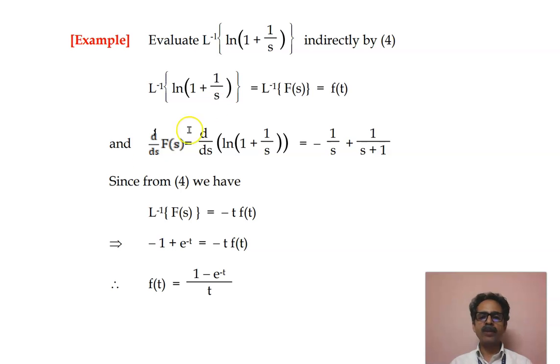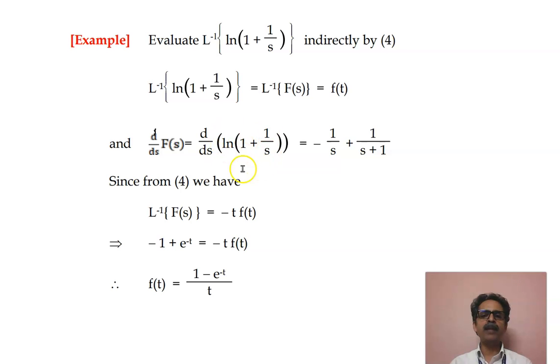Now calculate d upon ds of F of s. F of s has a value ln of 1 plus 1 upon s. And you can see that the derivative of this ln is very easy. It is 1 upon 1 plus 1 upon s into the derivative of 1 plus 1 upon s, that is 0 minus 1 upon s square.